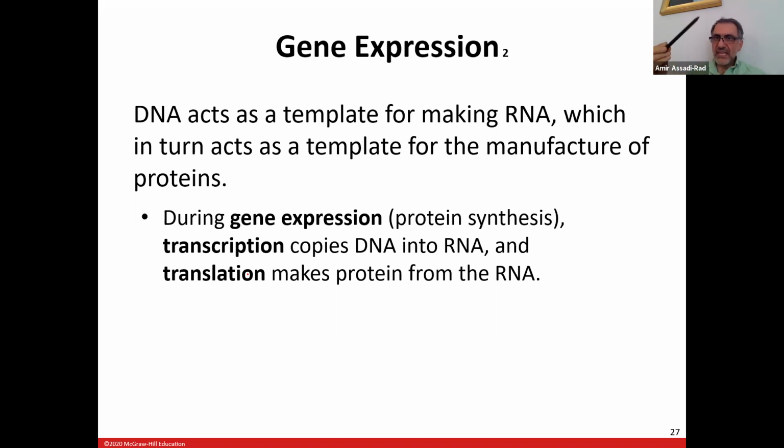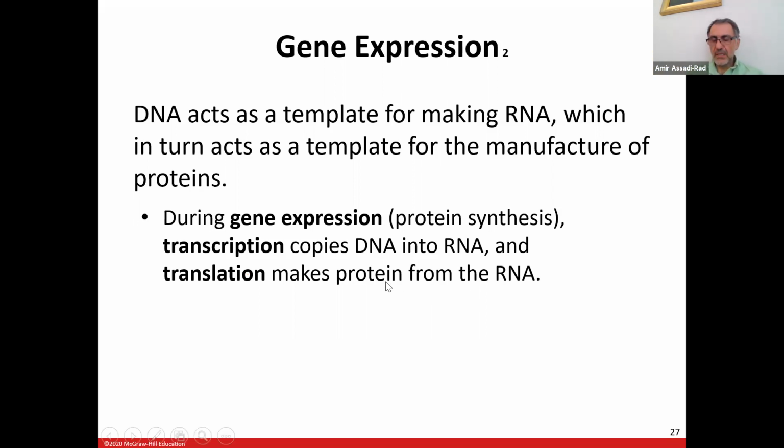When amino acids, imagine these, I wrote down AA, come in based on the mRNA, this black pen, that's called translation. Transcription, translation. I hope I'm making some sense.